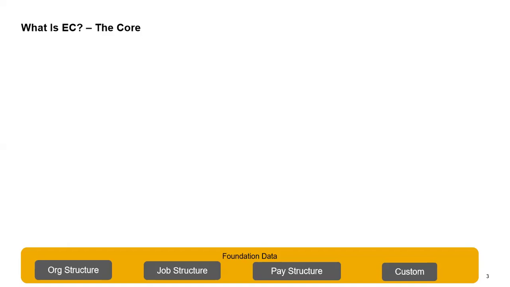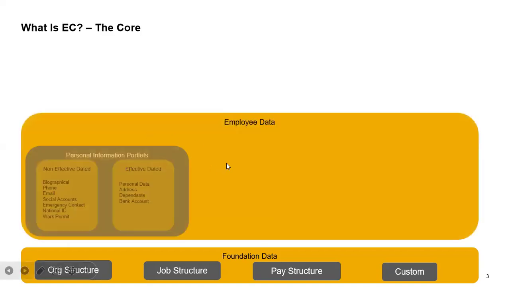These are the base of Employee Central core or SuccessFactors, on which we do the system enablement and the implementation for them. Okay, the second point is the employee data.